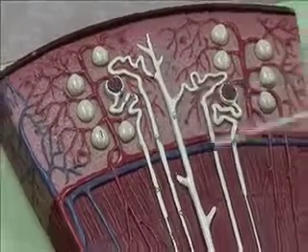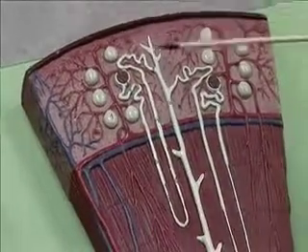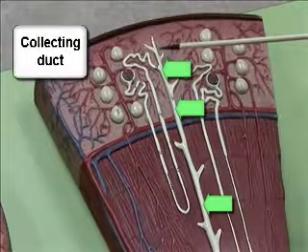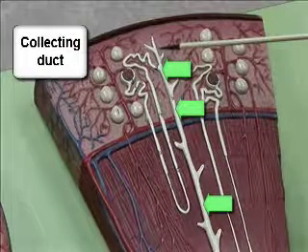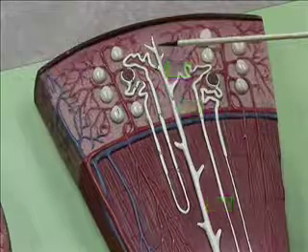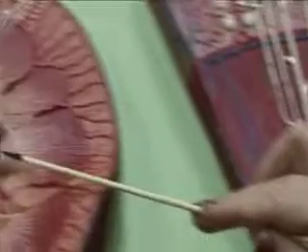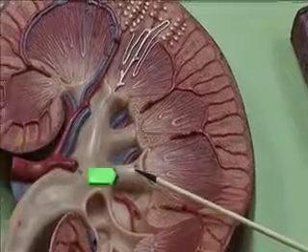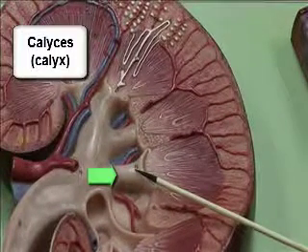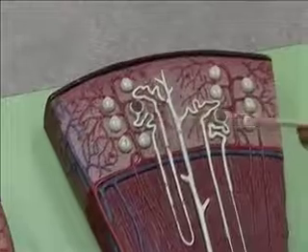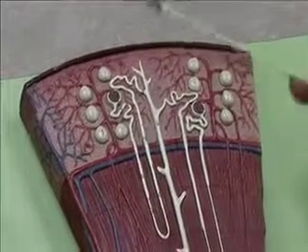Several different distal convoluted tubules plug into the collecting duct, directing urine down toward the calyces, the large drains on the bigger kidney. You can always tell proximal and distal tubules easily.